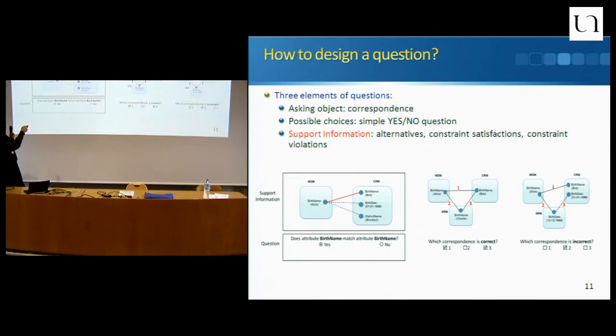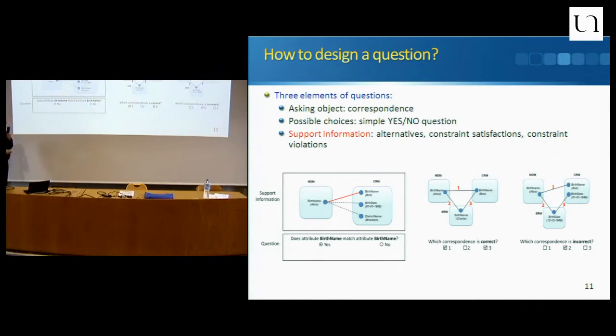Maybe in this case we have a birth name, and we have three alternatives, and we propose, okay, birth name. Is this what we want? Is this a correct matching? And then the worker can answer.